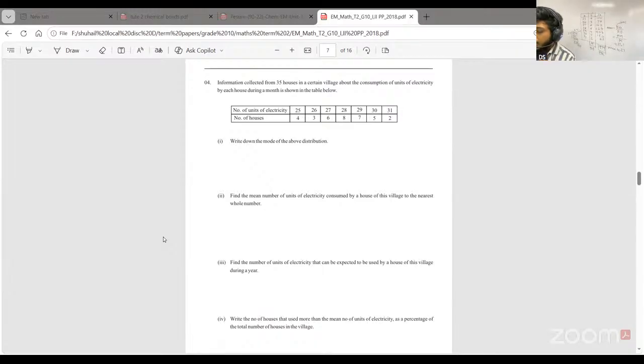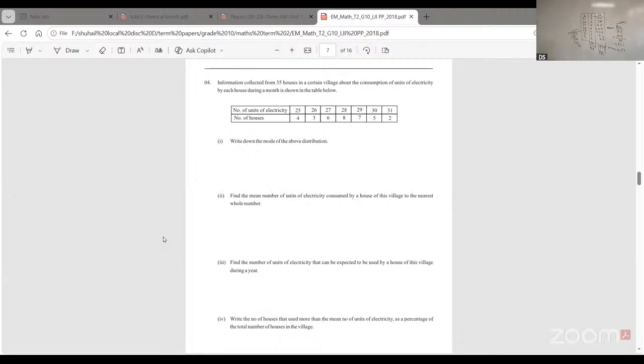Now, what did we find as the mean? The mean is the amount of electricity used by a house in the village during a month. In 1 month, the average use of electricity is 27 units.